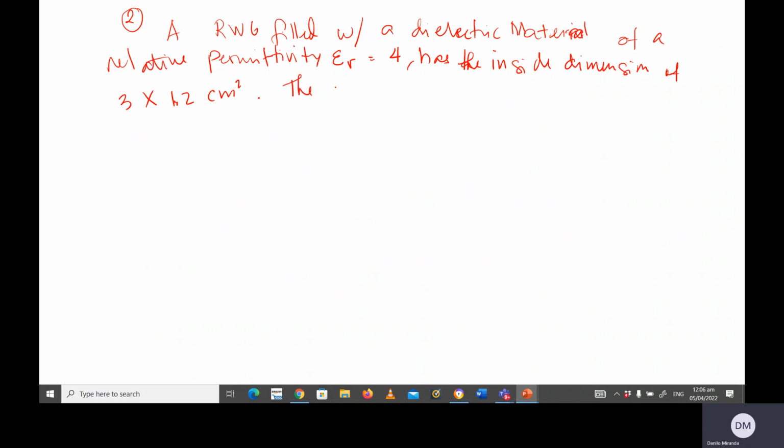So the cutoff frequency, compute the cutoff frequency for the dominant mode.